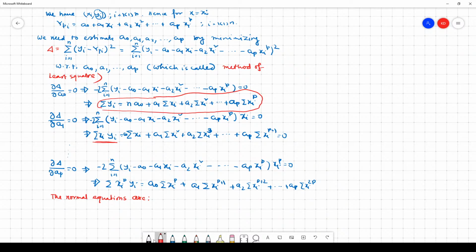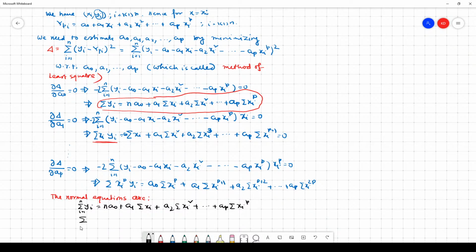So this is the first normal equation: summation yi, i from 1 to n, equals a naught n plus a1 summation xi plus a2 summation xi square plus ... plus ap summation xi to the power p.